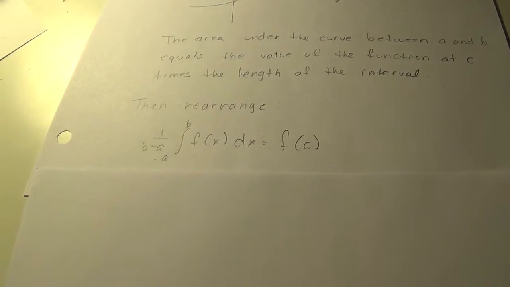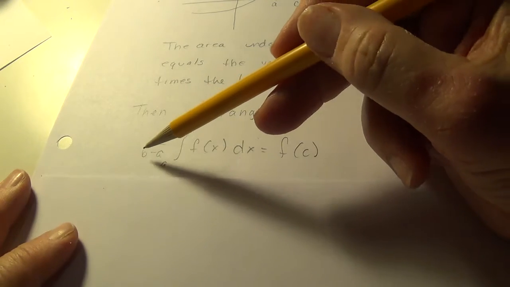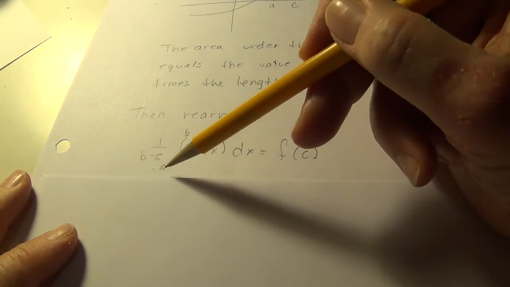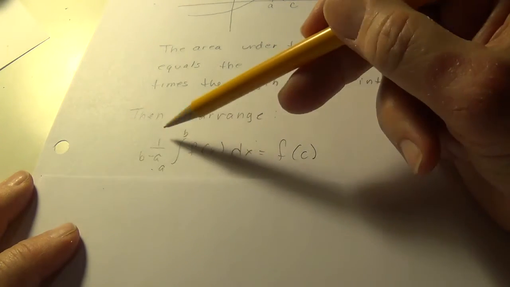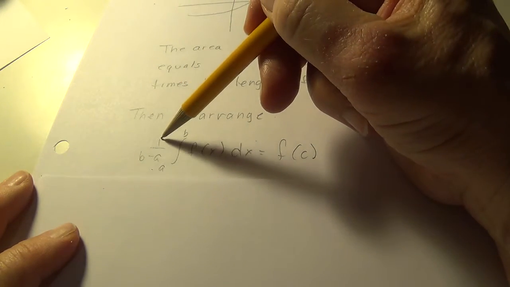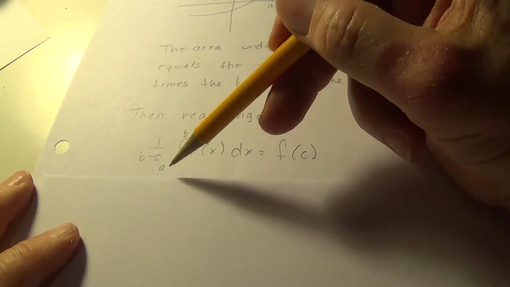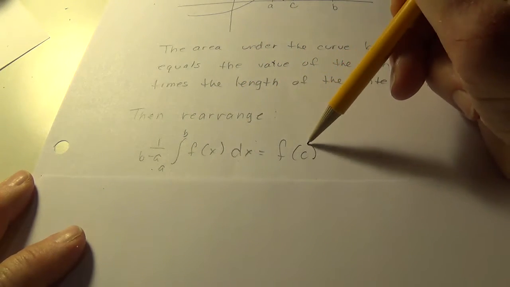Notice that the rearrangement looks like this. When I divide by b minus a, I bring it out in front of the integral, because the integral is in relation to x, so this is just a constant. It can come across the integral sign. I put it here: 1 over b minus a times the integral from a to b of f of x dx equals f of c.